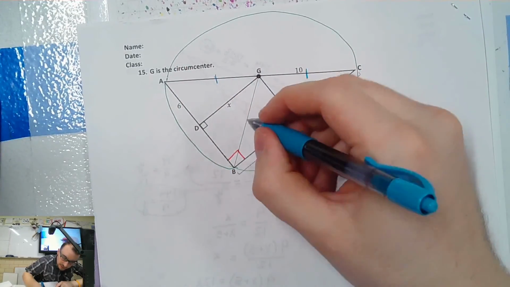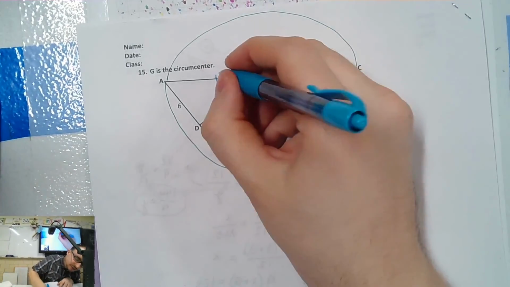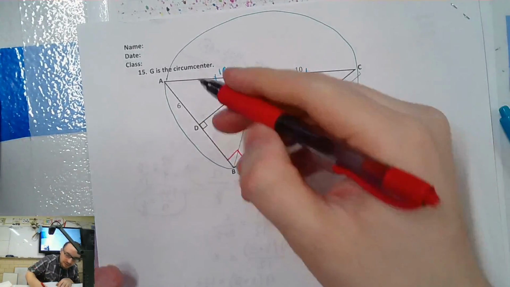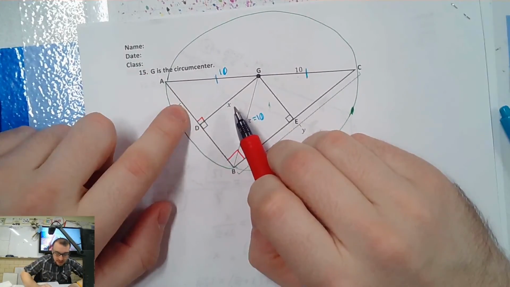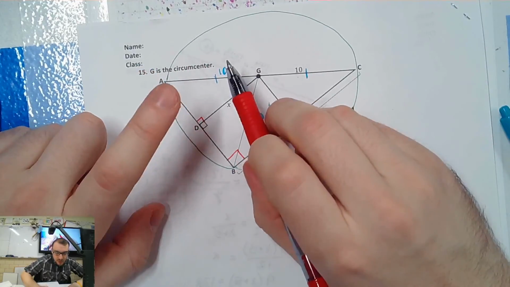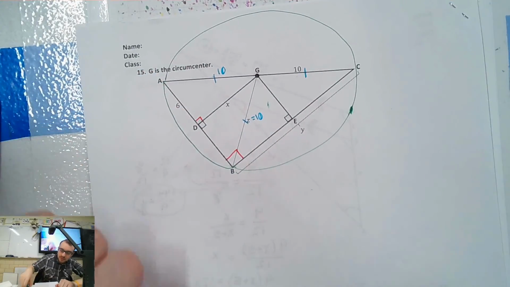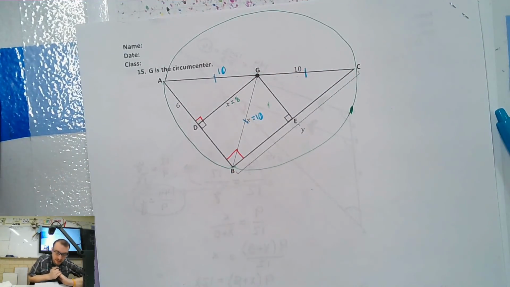And here to here. So if that's 10, Z is 10. This is also 10. This is a right triangle. So you can do Pythagorean theorem, 6, something and 10. So 6 squared plus x squared equals 10 squared. That's 36 and 100. When you subtract them, you get 64. So x, when you root that, would be 8. So x is 8.